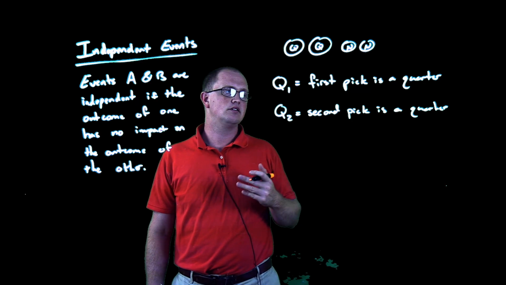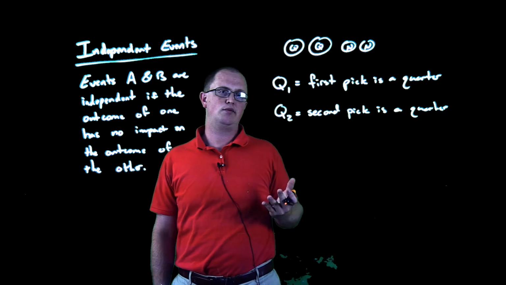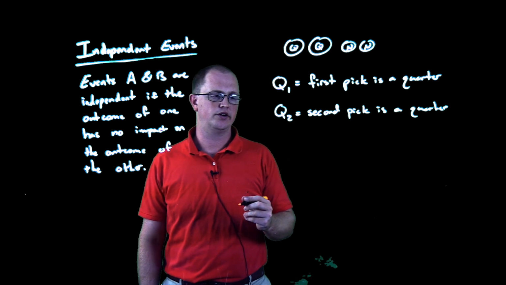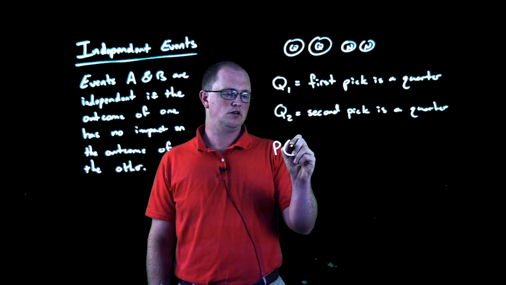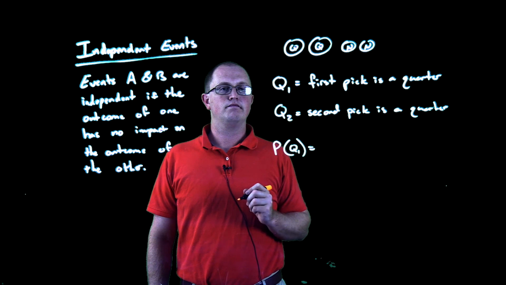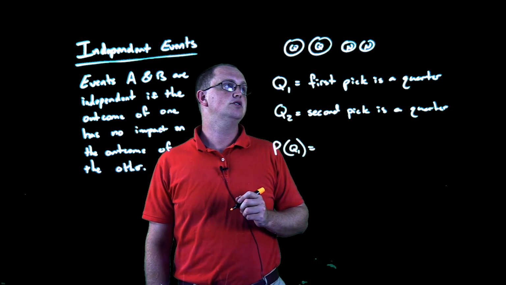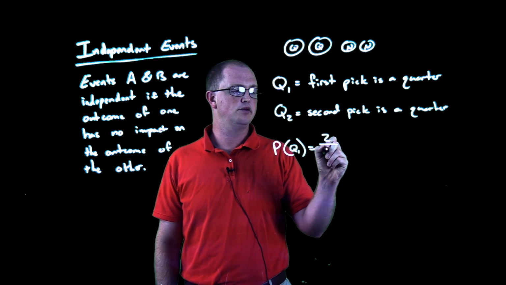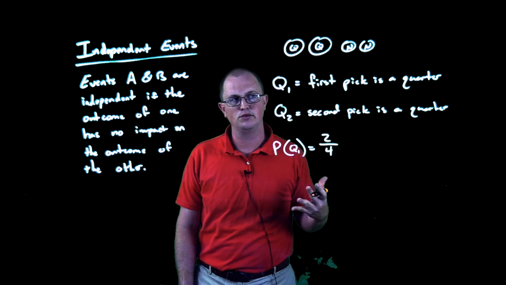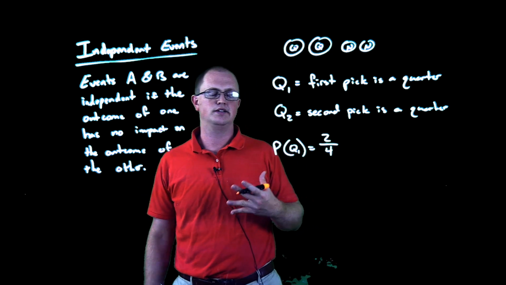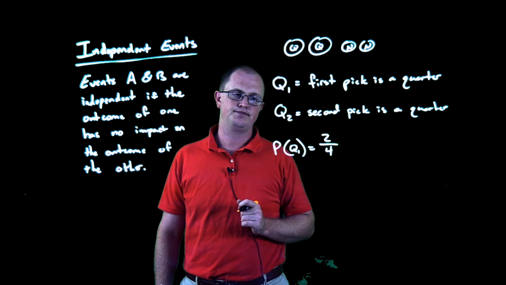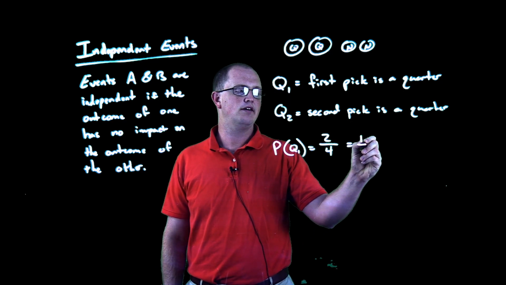Then we can determine that the probability of Q1 occurring is equal to 2 out of 4. It's not unreasonable to think that if she's just going to randomly grab a coin out of her pocket, that all of the coins are equally likely. So this is equal to 1/2.